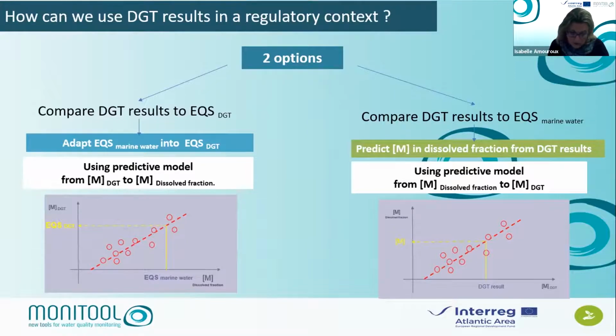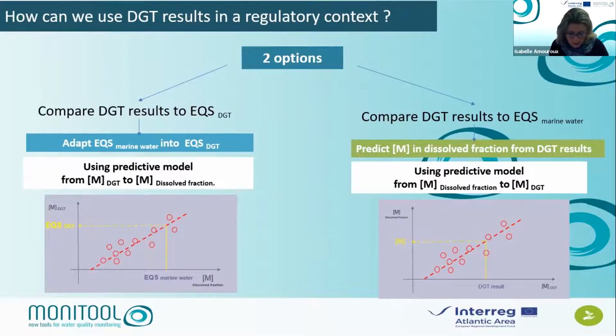And in the second option, the principle is to have the possibility to compare the DGT result to existing EQS marine water, which means that we have to predict the concentration of metal in dissolved fraction from DGT results. Both of these options imply establishing for each metal a valid relationship between dissolved concentration measured in spot water samples and the labile concentration measured by DGT.